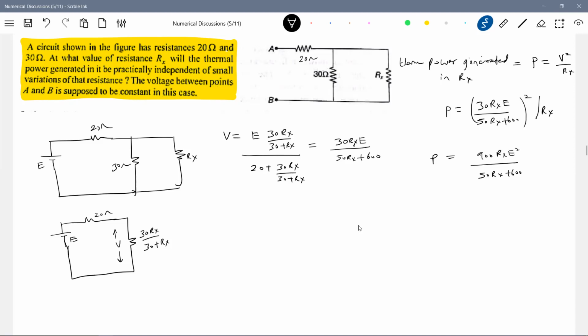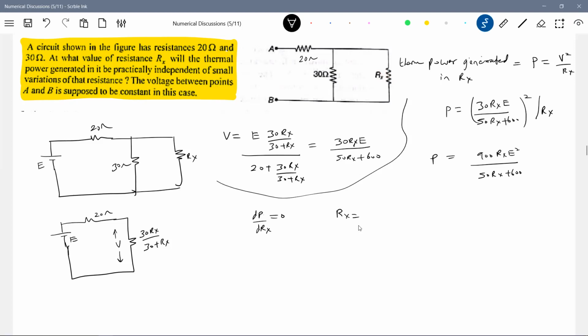Now I'll differentiate this with respect to Rx and equate to 0, then I'll get the value of Rx. So what is the advantage? In general, Rx is like equipment. The resistance of the equipment will change, but the power dissipated across it remains the same.